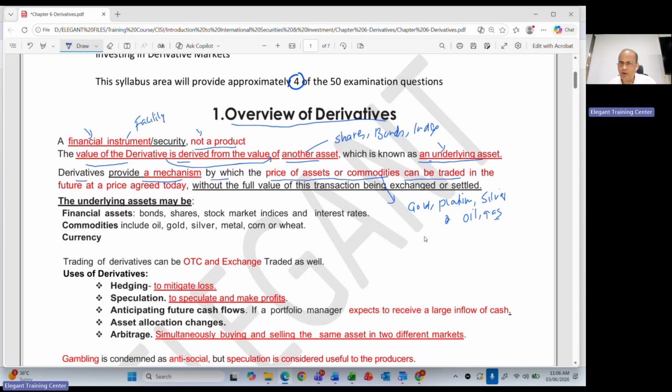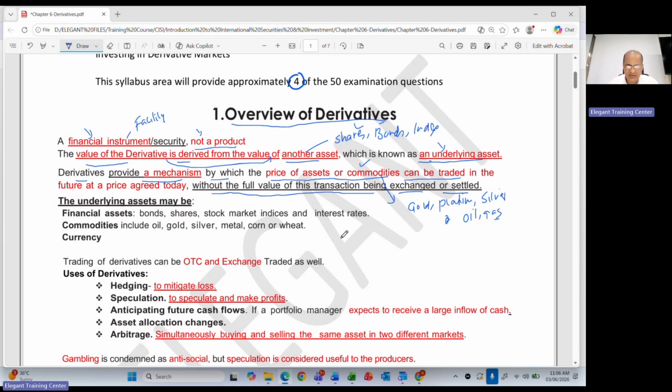These are all commodities. So derivatives can be purchased for financial instruments, the shares or bonds, and also for commodities, without the full value of the transactions being exchanged or traded.